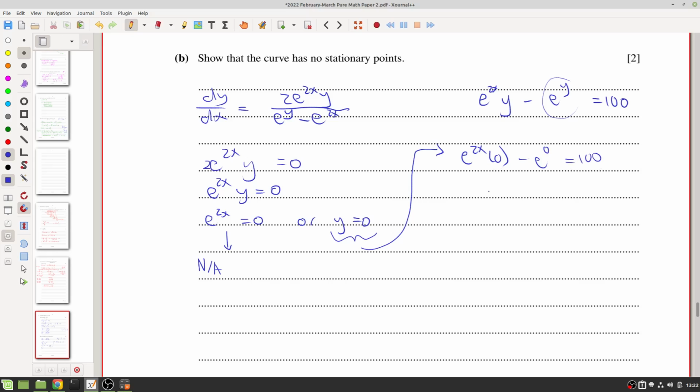Anything times 0 is 0, and e^0 is 1. So negative 1 equals 100. That's obviously silly. That does not work. So by contradiction, we've shown that it has no stationary points, because the first factor cannot be 0 and y also cannot be 0 in order to make any sense.